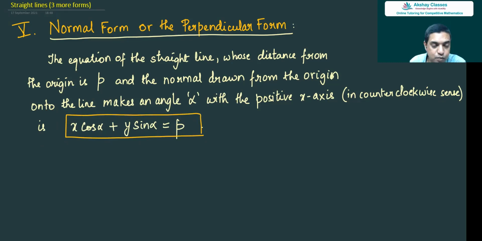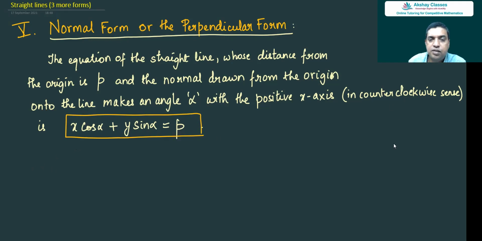You should maintain one list of formulae, or if that is difficult, take a highlighter and in your intermediate textbook, highlight all the important results. And we can make a separate formula list. You don't have to write all this. You just have to write normal form, perpendicular form, x cos alpha plus y sin alpha equal to p.